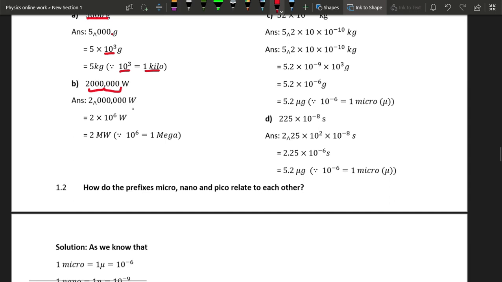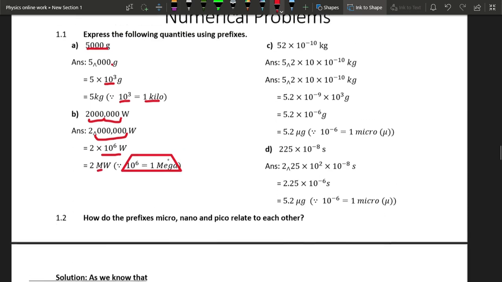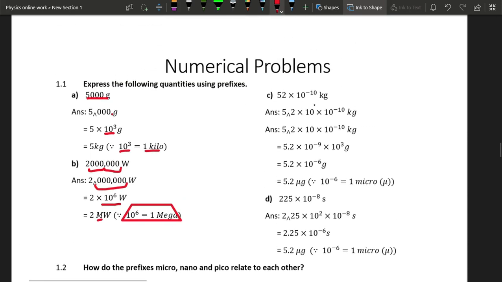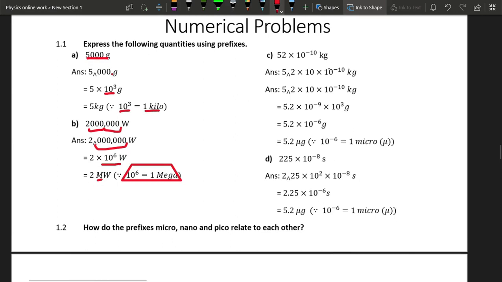If we move the point 6 digits, it will be 2 into 10 raised to power 6, and 10 raised to power 6 is mega. So we can replace 10 raised to power 6 with M, which is megawatt. Similarly, you can solve these two questions by yourself.